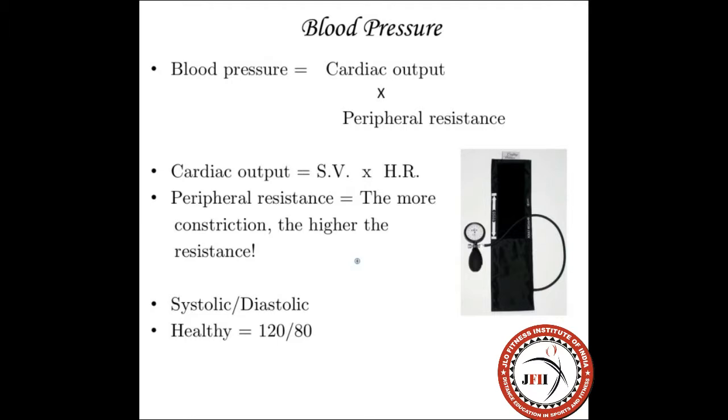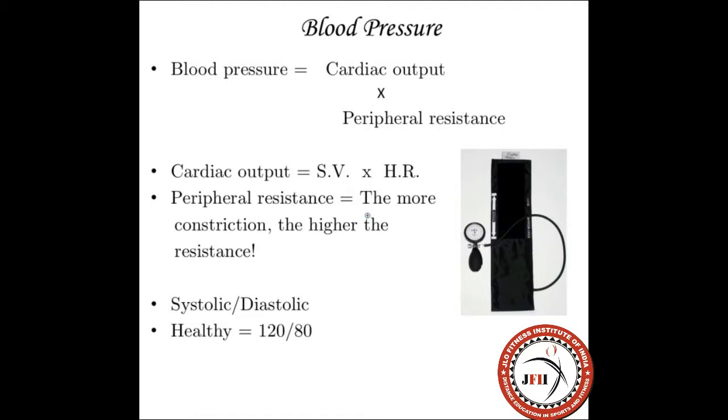It's the same concept. So yeah, the more the constriction, the higher resistance. That means the more the blood is pushing against the sides and rocketing much faster through. So those two together are going to determine blood pressure.